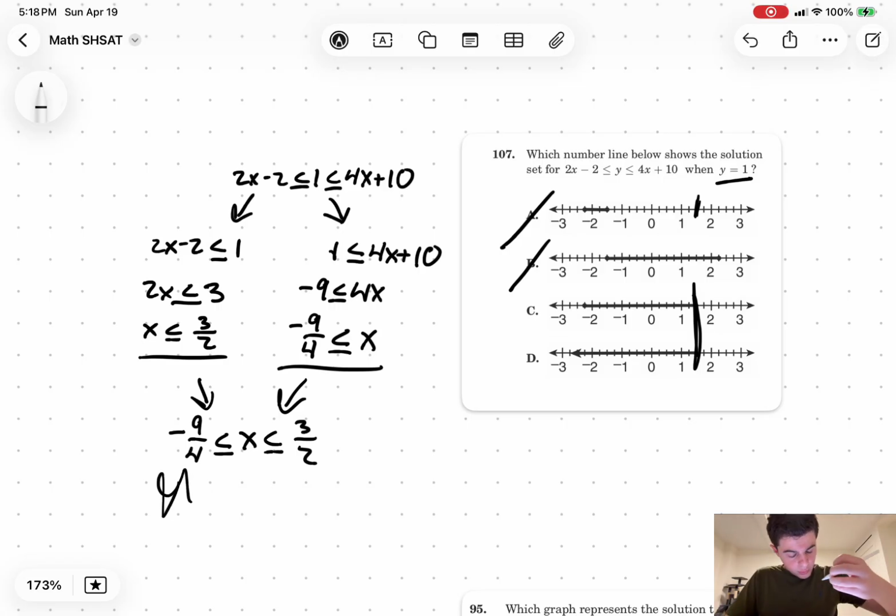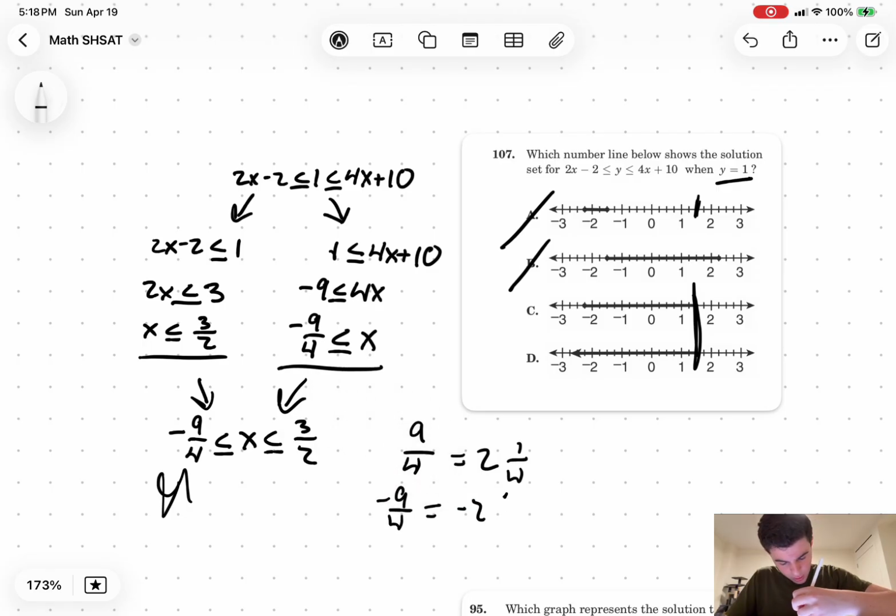That is going to be greater than 2, because 9/4 is equal to 2 and 1/4. So negative 9/4 is going to equal negative 2 and 1/4. So we should be looking for something that is less than negative 2. And we can see here that that is going to be answer choice C.